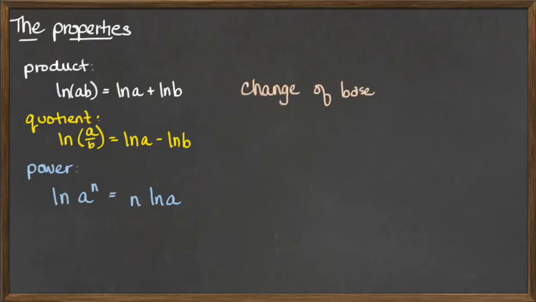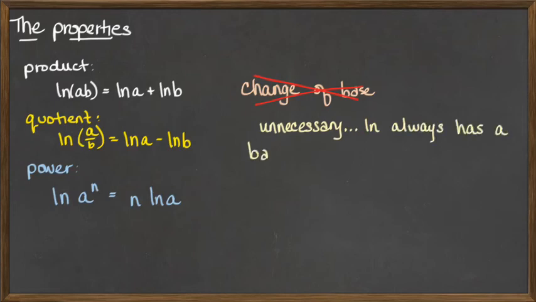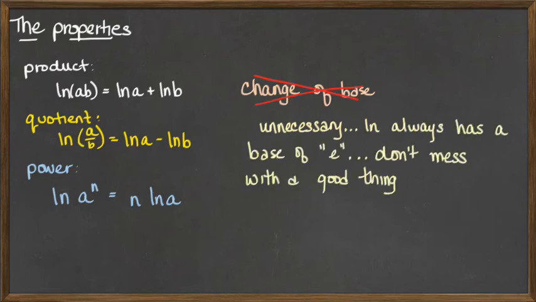Now, then we had that change of base formula. It's unnecessary. Change of base formula was about us being able to change the base around because log as a function could have any base value that was positive and not equal to 1. Well, natural log is always base e.